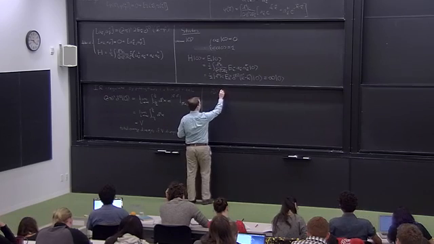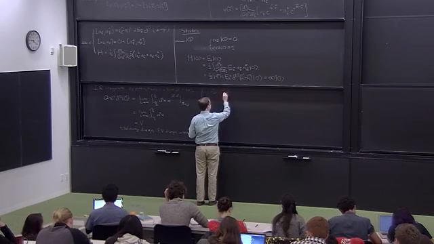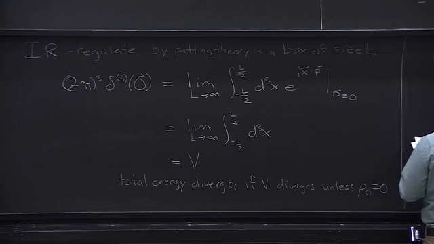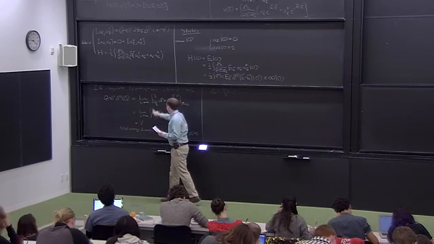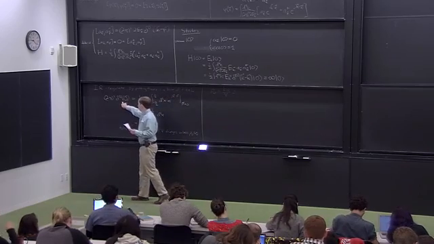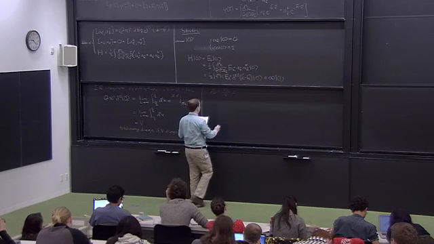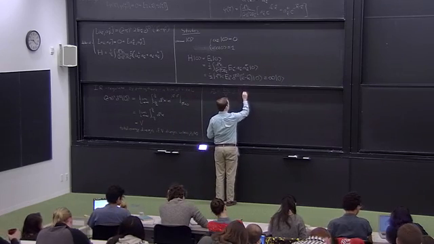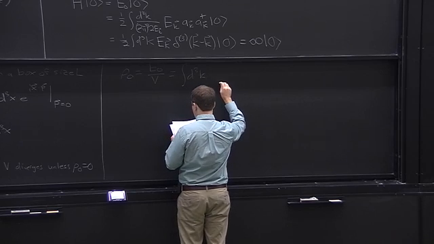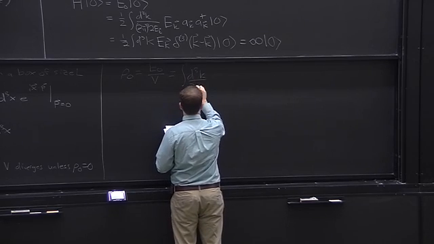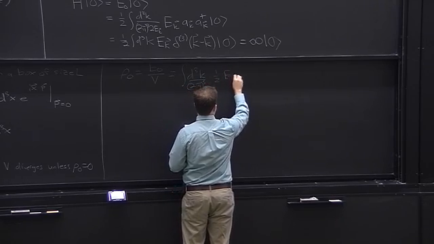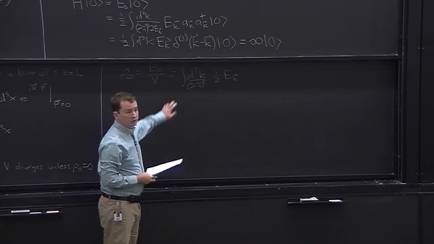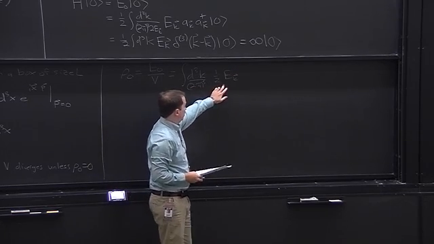The energy density of the vacuum is the energy of the vacuum over the volume, which, using our expression for the energy up here and the volume, is equal to the integral d3k over (2 pi) cubed of one half E_k, which still diverges for large k.